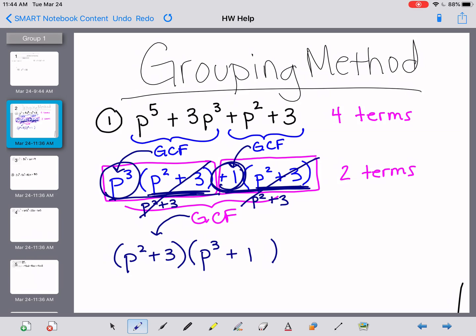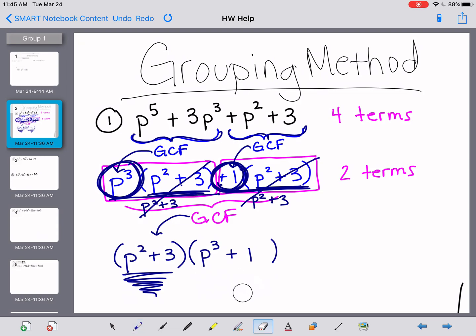To recap, back at the first step, I took out a GCF, got this pink box, took out a GCF, got this pink box. Both pink boxes had p squared plus 3 in common, and my second bubble is the other stuff that was remaining, so p to the 3rd and 1. That became a second bubble.